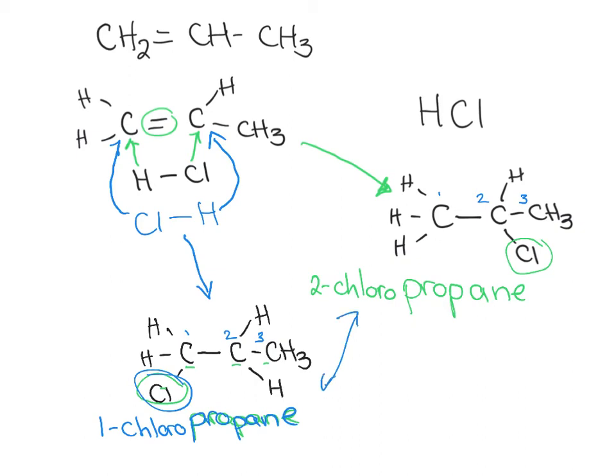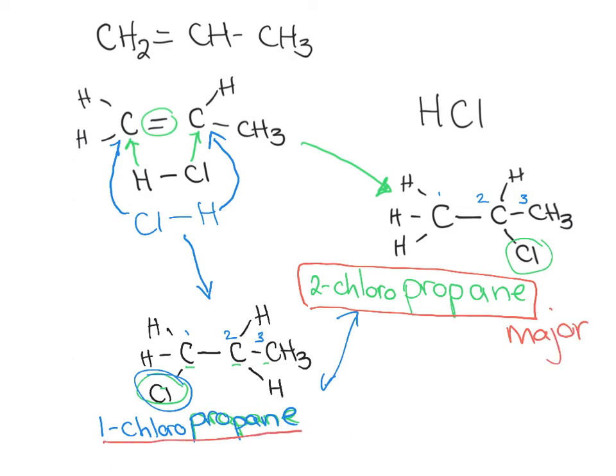Now there was a Russian chemist who did a lot of study of these types of reactions, and he found that this product here, the 2-chloropropane, was the substance that was produced in the majority, and he called this the major product. By definition it's about a 3-to-1 ratio. This is our minor product.